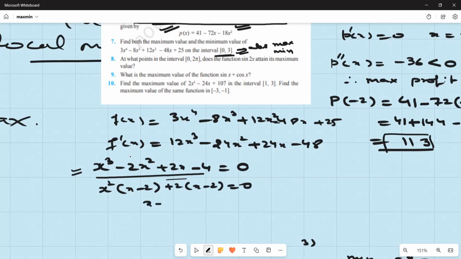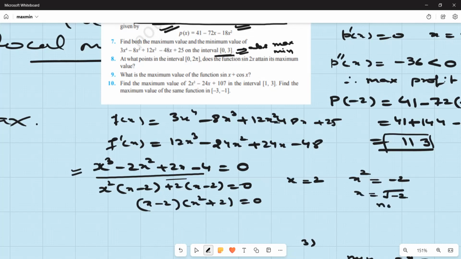One value is x equal to 2, and x square equal to minus 2 gives no real value, so reject this. Only x equal to 2 we will take.